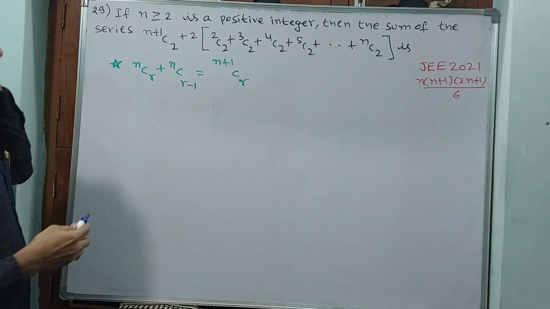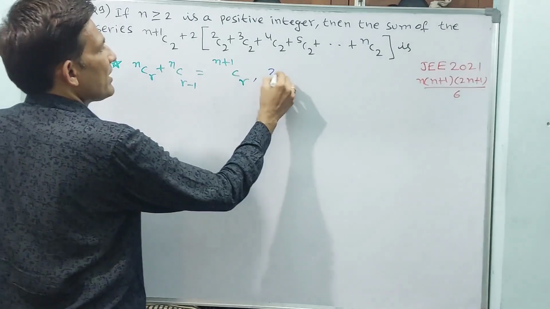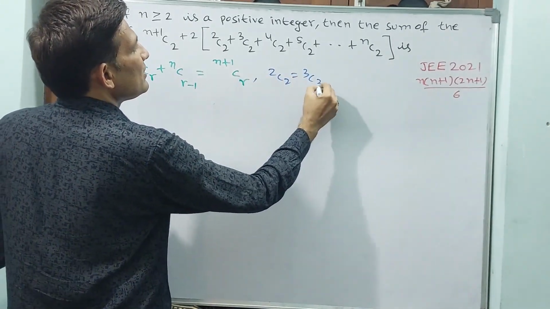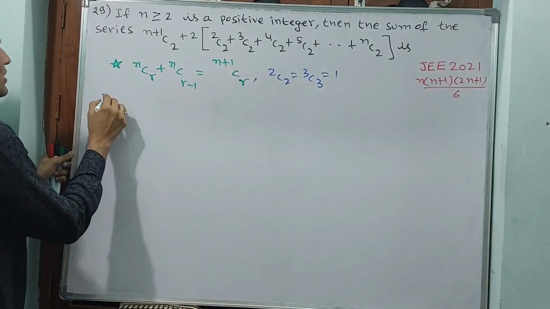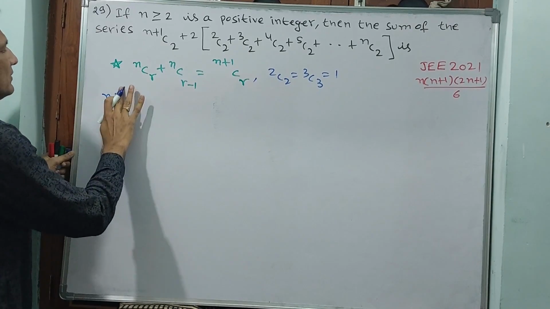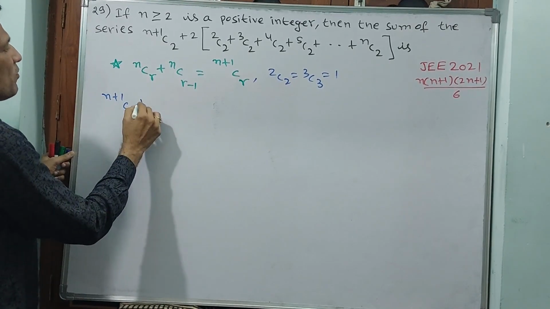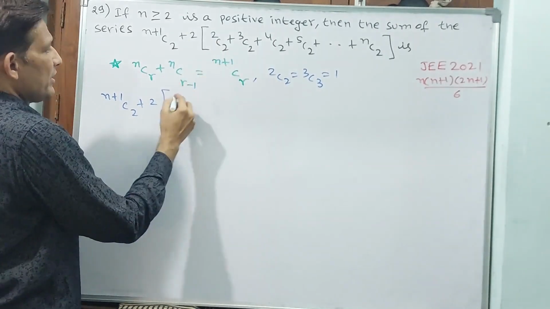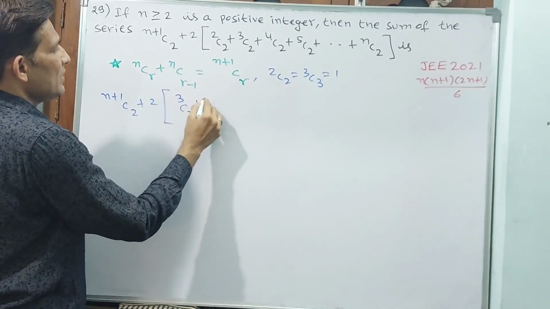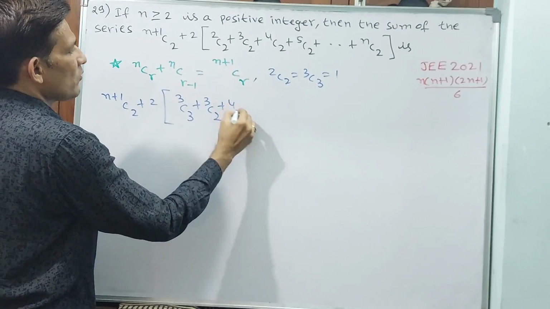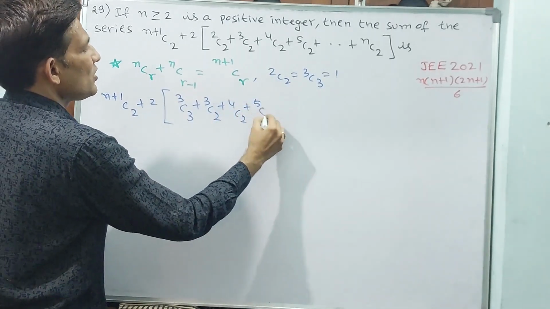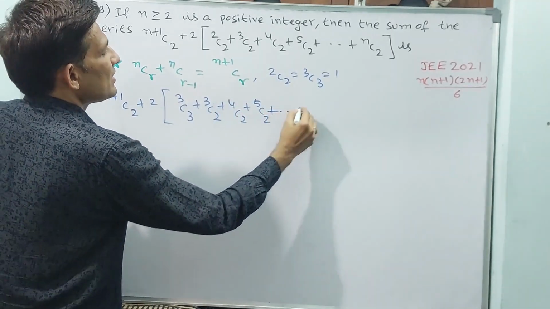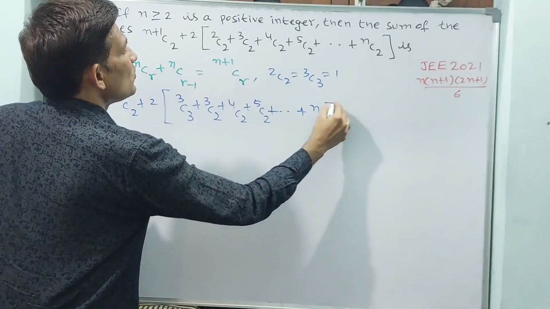Now I am changing this. What I want to write is 2C2 is equal to 3C3 is equal to 1. Now (n+1)C2 plus 2 times, replacing with 3C3 plus 3C2 plus 4C2 plus 5C2 plus ... plus nC2.